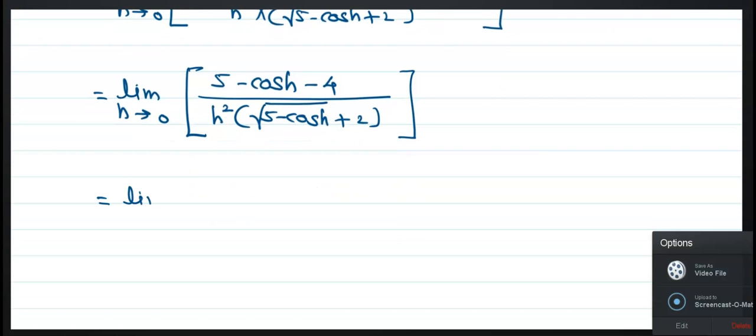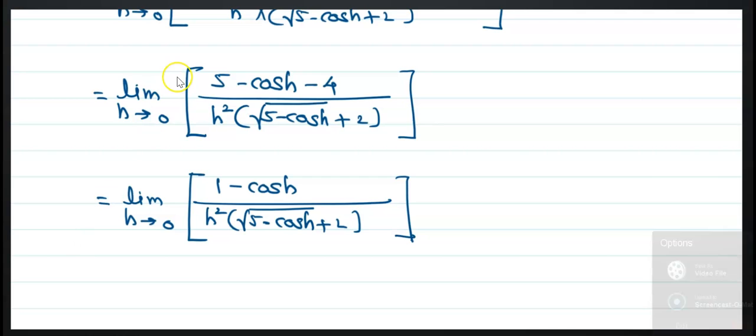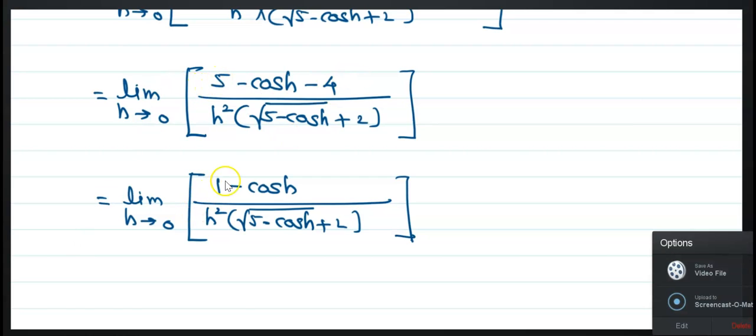Therefore, limit h tends to 0 of 1 minus cos h upon h squared into root of 5 minus cos h plus 2, since 5 minus 4 is 1.